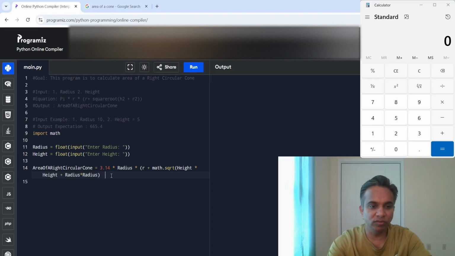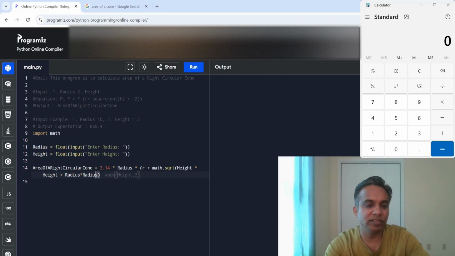We could also use the power method. So if we use power, then it will be something like height and 2. But currently we are just multiplying because it's a square.